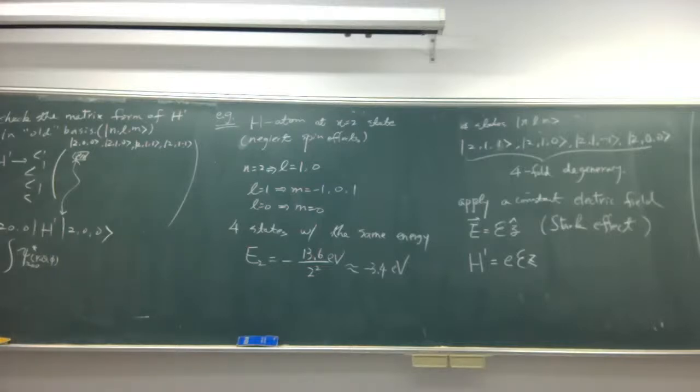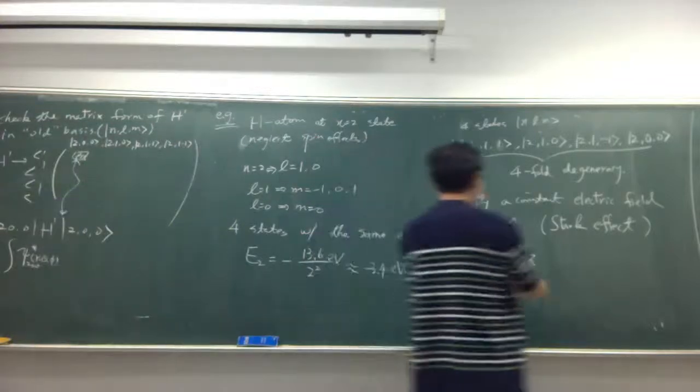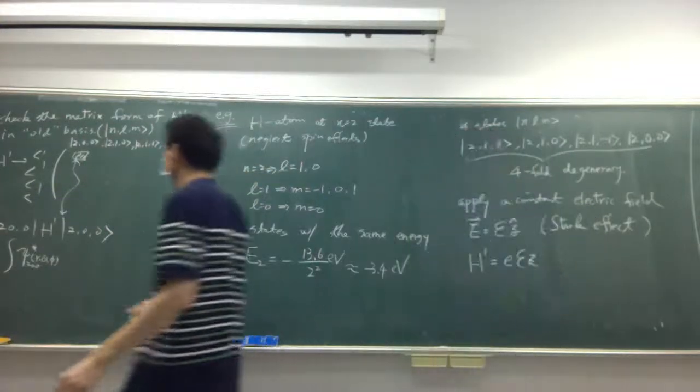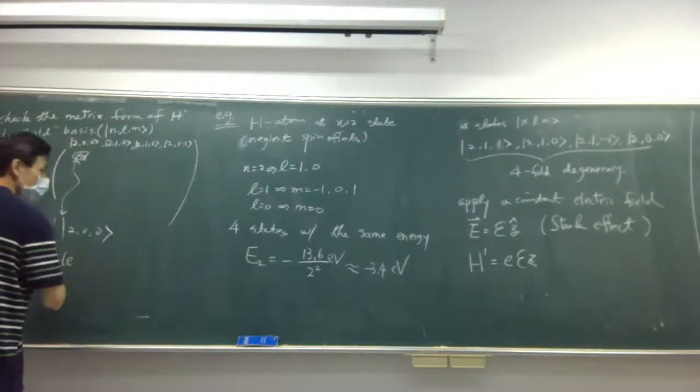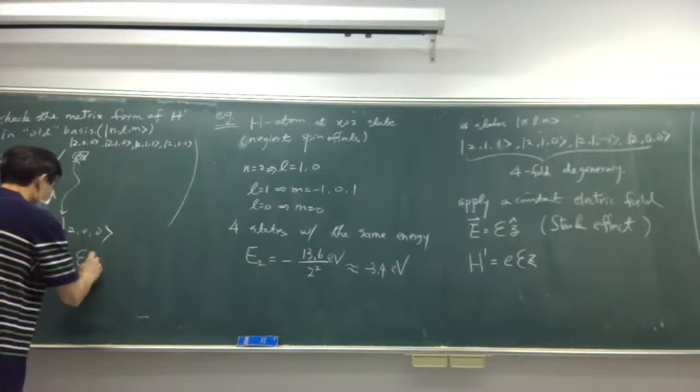I cannot memorize what this wave function looks like. It must be complicated, but anyway, you can find it in the textbook, right? And then this is the Hamiltonian, H1 is e epsilon z.